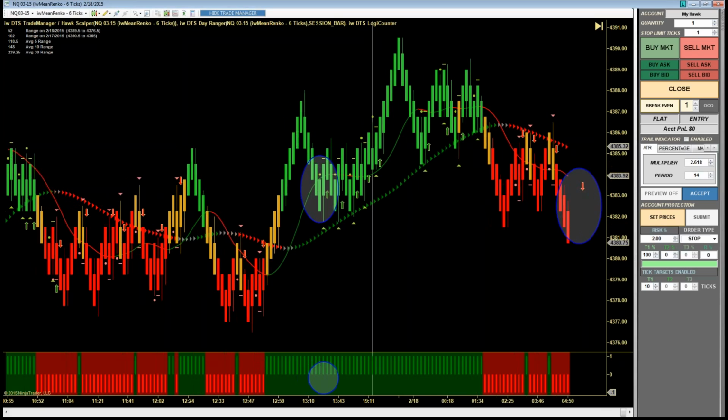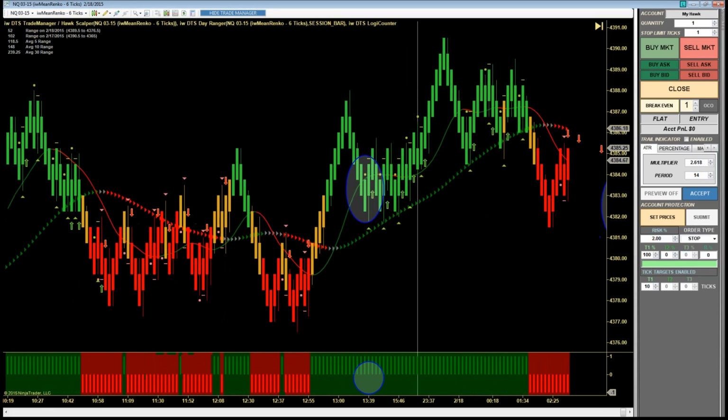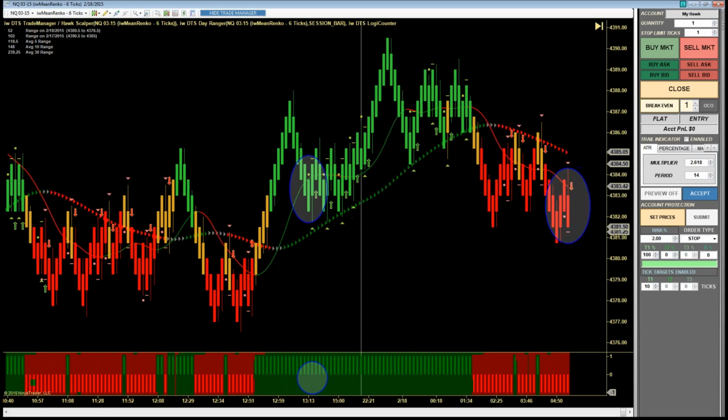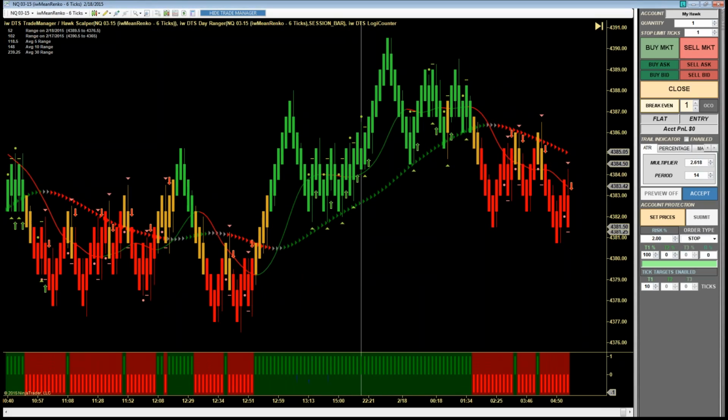The micro line is this thin one. The macro line is this thick one. When those two cross over and everything comes into sync, green bars, green trend lines, green filter, green signal, you buy. And it's a very high probability signal.